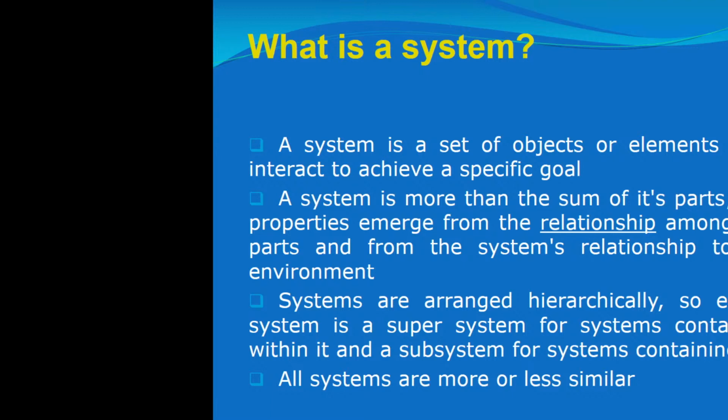Its properties emerge from the relationships among its parts and from the system's relationship to its environment. Systems are arranged hierarchically, so every system is a supersystem for systems contained within it and a subsystem for systems containing it. All systems are more or less similar.